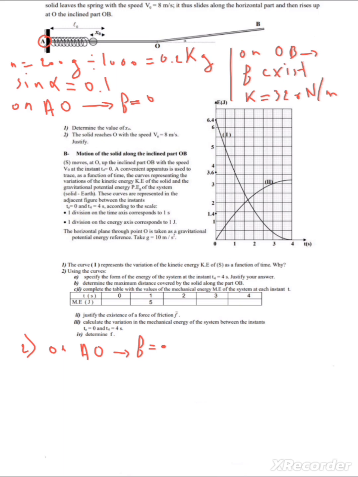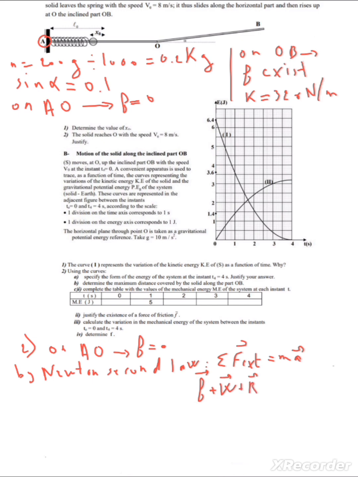So, by Newton's second law, the sum of exterior forces equals m a. The forces are friction plus weight plus reaction of support equal m a.